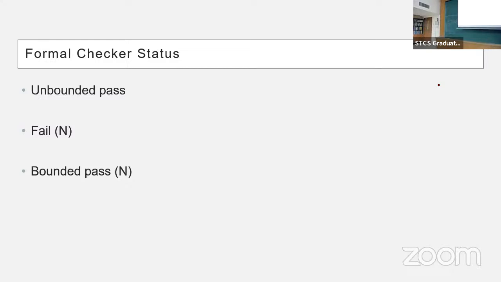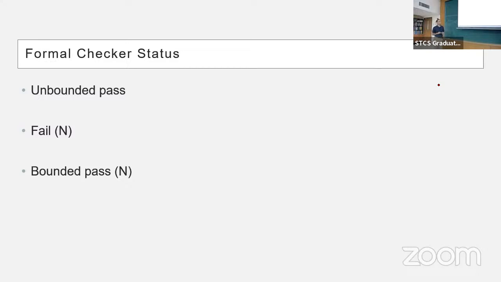And who writes these tools? Are they in-house, or do you get them from some other companies? Yeah, so we have EDA companies in the semiconductor industry, like Cadence, and they provide those commercial tools.